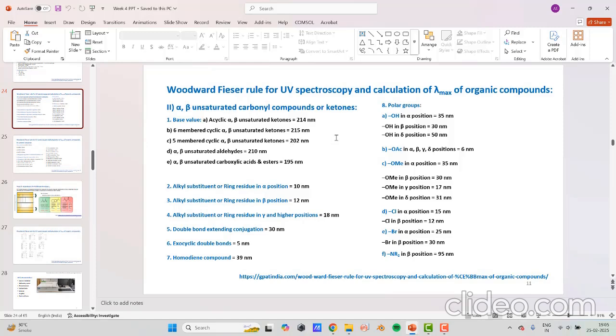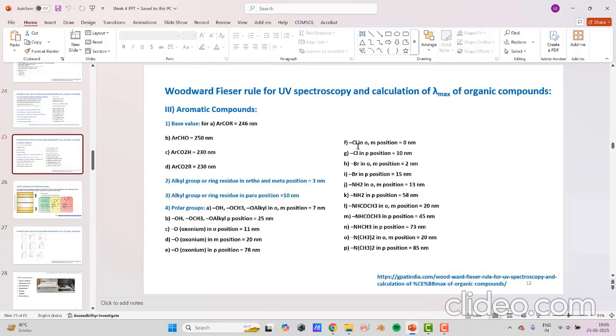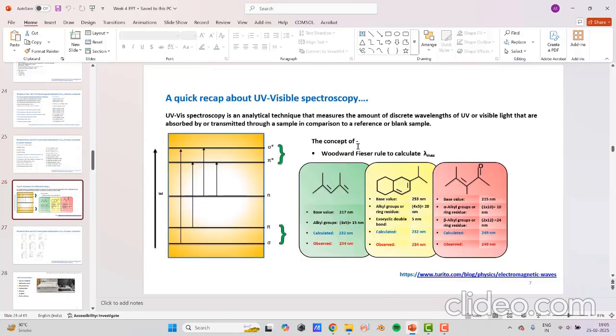Suppose we have a benzene ring, with para and other positions; in the normal chain we have alpha and beta positions. So in those cases we use this nomenclature: alpha alkyl group and beta alkyl groups or ring residue.